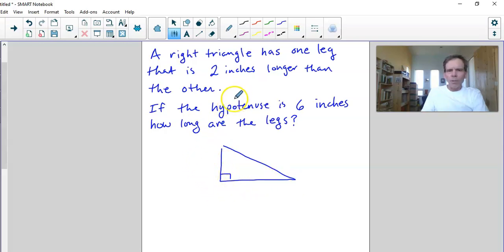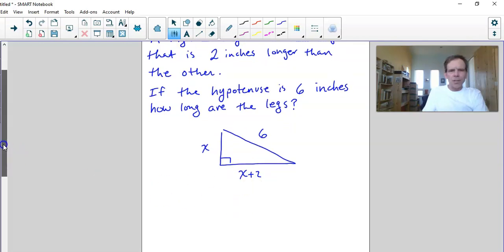And it says one of them is 2 inches longer, and this bottom edge looks like it's the longer one. So if we called the shorter one x, the longer one would have to be x plus 2 because it's 2 longer. The side opposite the right angle is the hypotenuse, which we've been told is 6 inches. I'm just going to write 6 there.